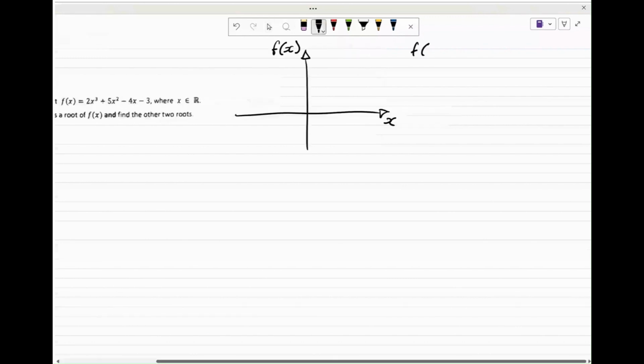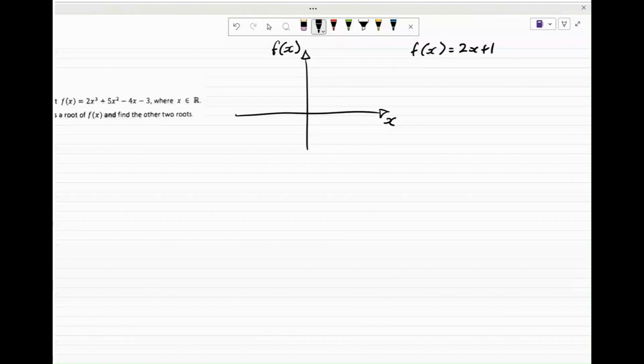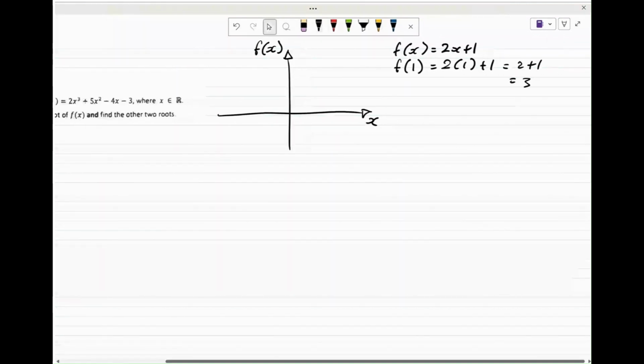So if our function was, say, f of x equals 2x plus 1, whatever we sub in for x, so x equals 1, f of 1 equals 2 times 1 plus 1, that's equal to 2 plus 1, sorry, and that's equal to 3.